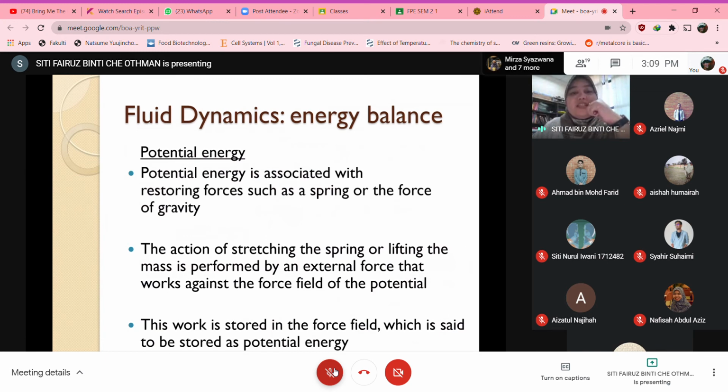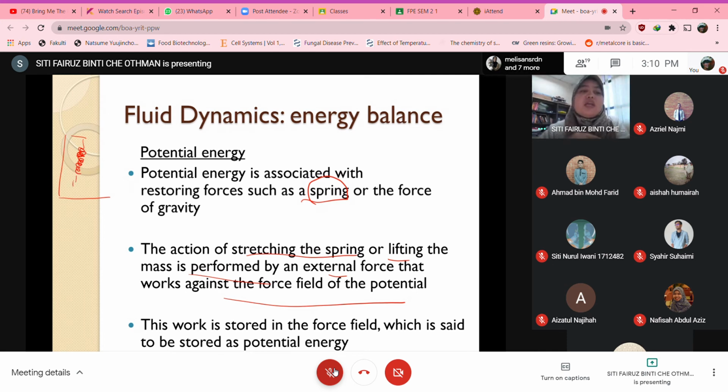Alright, potential energy associated with restoring forces such as spring. Okay, the potential energy is the energy that you simpan lah bila you tidak bergerak. Alright, so the action of stretching the spring or lifting the mass is performed by external force, work against force in the field of potential. This is just to explain to you that ada spring kan, gitu. If you still remember lah you punya fizik kan.